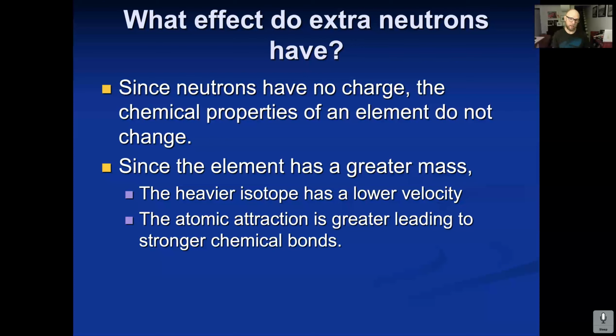But because it has a heavier mass, it mainly impacts rates of movement and rates of reactions. The heavier isotope moves slower because it's got more mass, and the atomic attraction is greater, leading to stronger chemical bonds. We'll leave it at that for now.